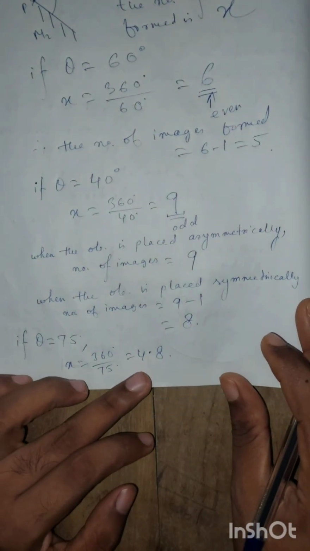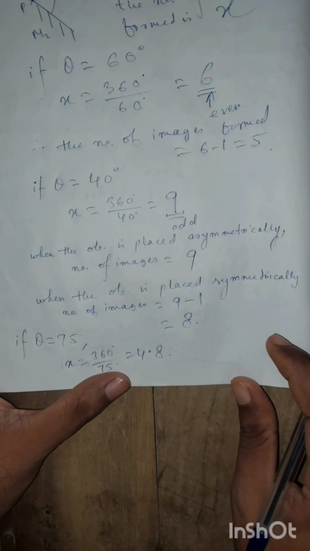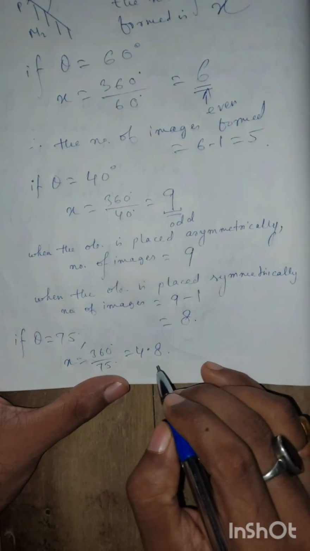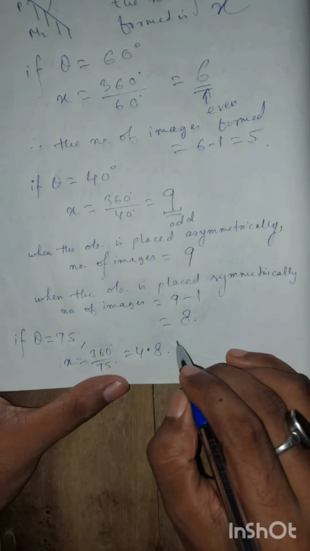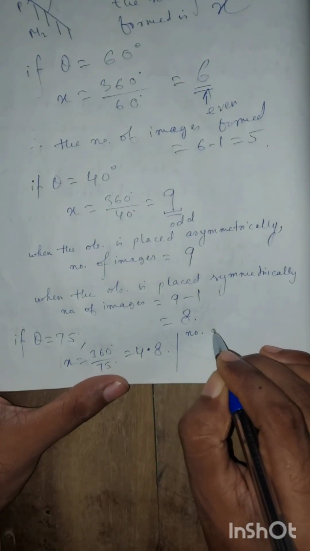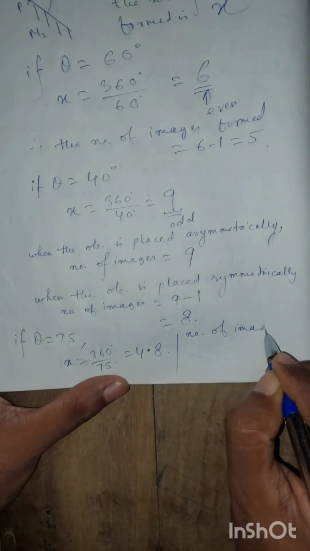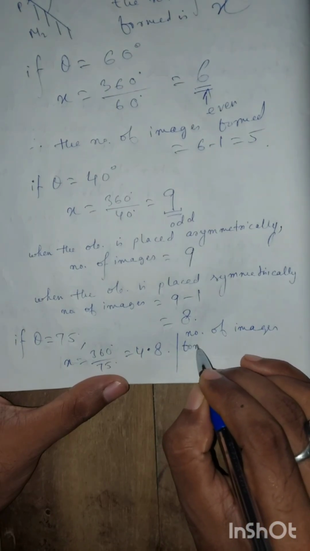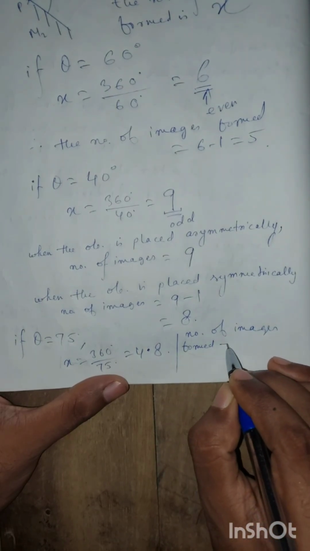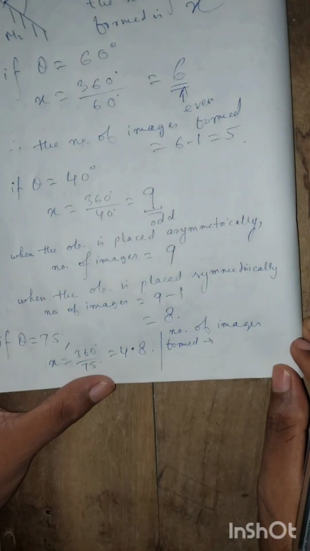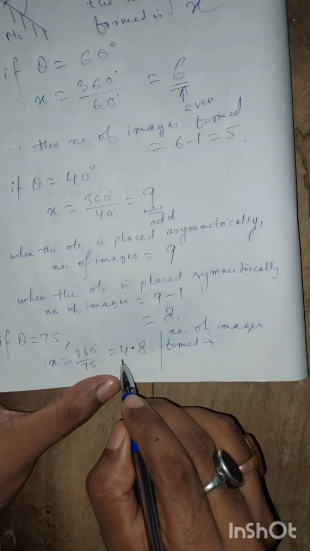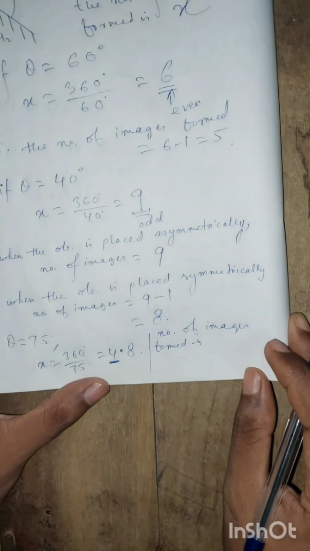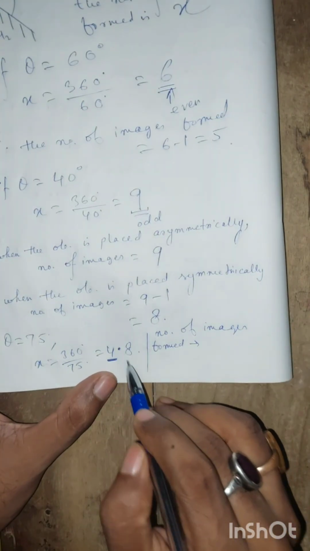So the number of images formed will be, we should avoid the decimal part.